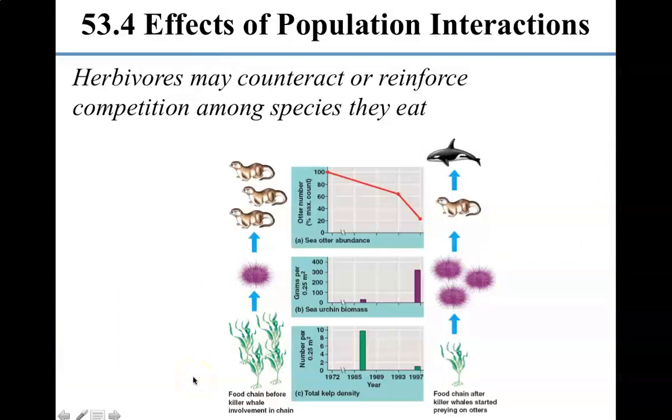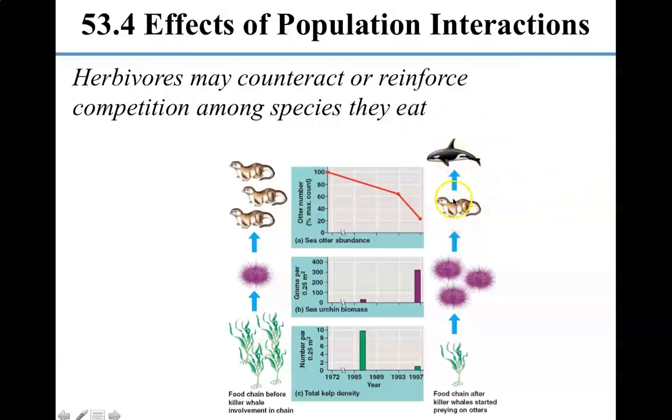To illustrate another example of keystone species, let's look at this food chain. Originally, off the coast of California, we had kelp that get eaten by sea urchins, and the urchins get eaten by sea otters. Well, when humans killed all the nearby seals in a seal population, the killer whales switched their diets and they started eating more otters.